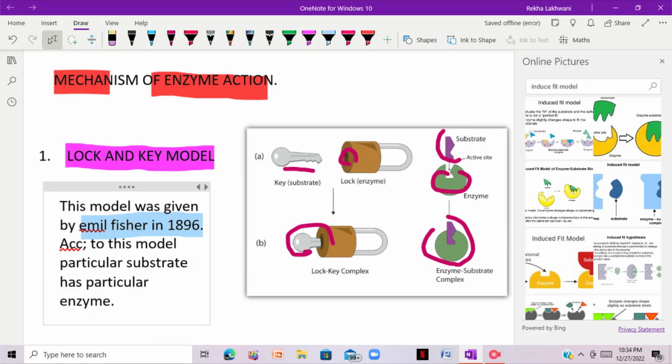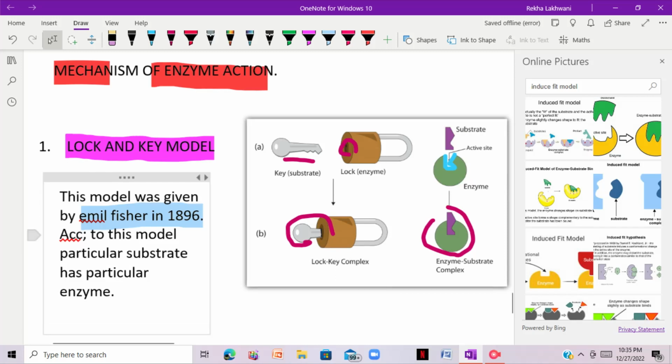According to this model, the active site is rigid. Let me write here: the active site is rigid.